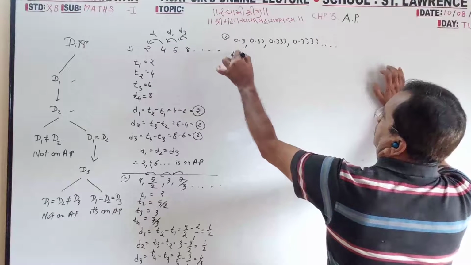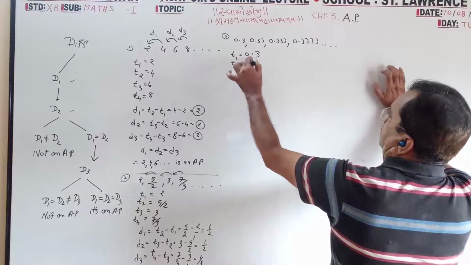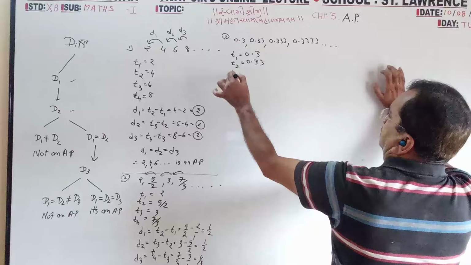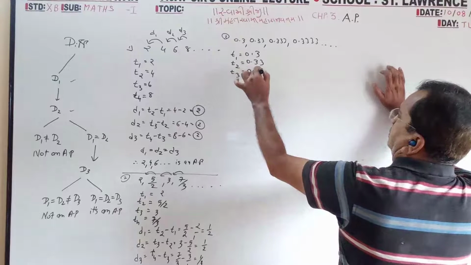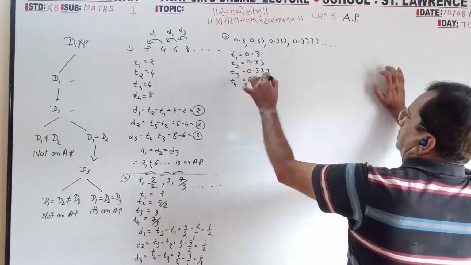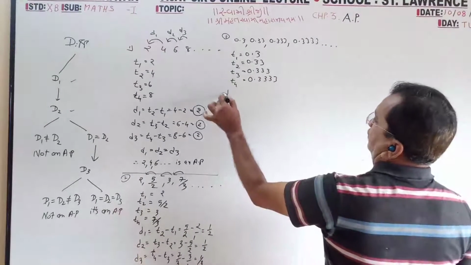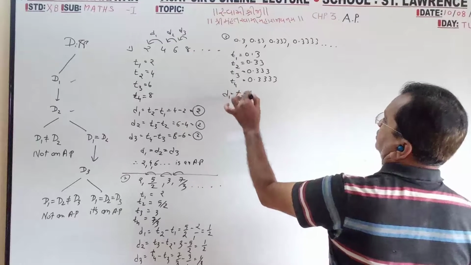So T1 is 1 time 3, T2 is 2 times 3, T3 is 3 times 3, T4 is 4 times 3. Now difference 1 is equal to T2 minus T1.